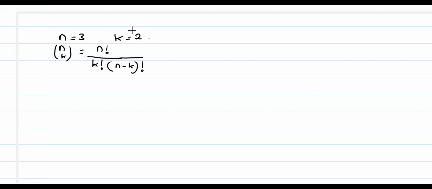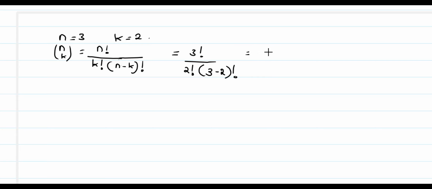So if we replace the values in the formula, it will become 3 factorial, because the total number of items we have is 3, divided by k factorial, but k is 2, so 2 factorial, times n, which is 3, minus k, which is 2, factorial.